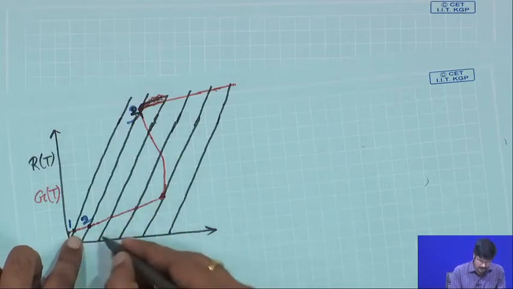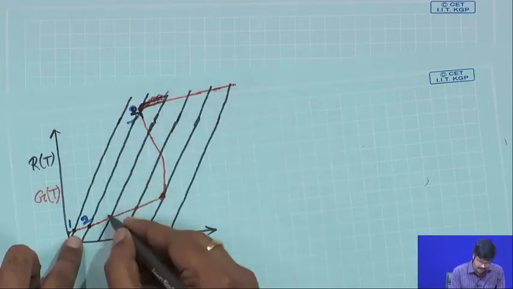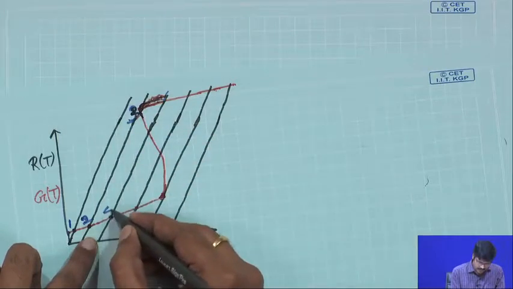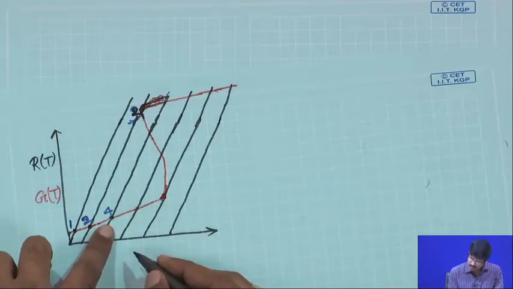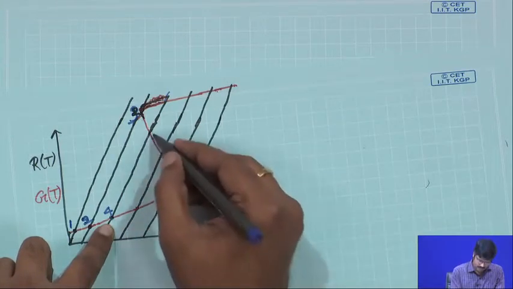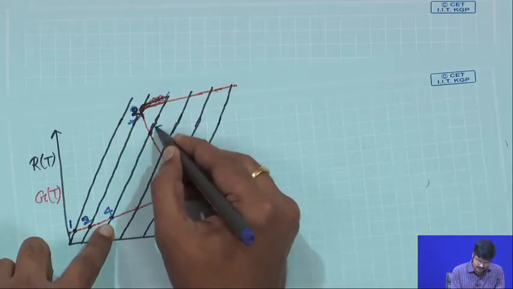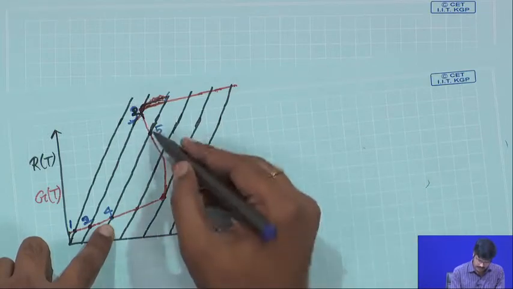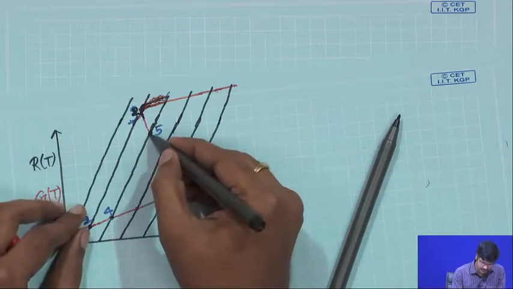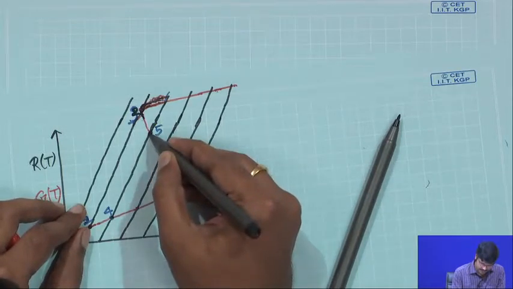Okay. So, for the third RT line, this is point 3, now this is point 4, all right, and this is point 5. Let us draw this graph like this.